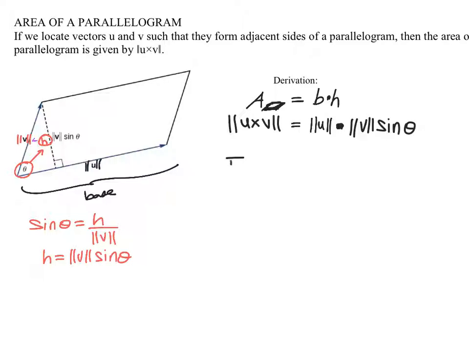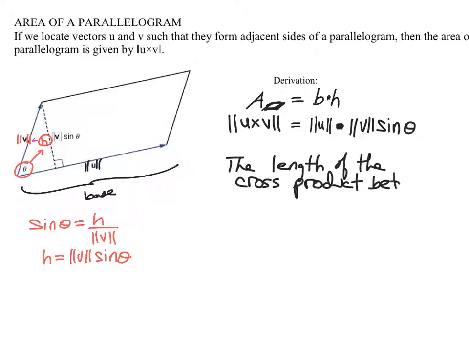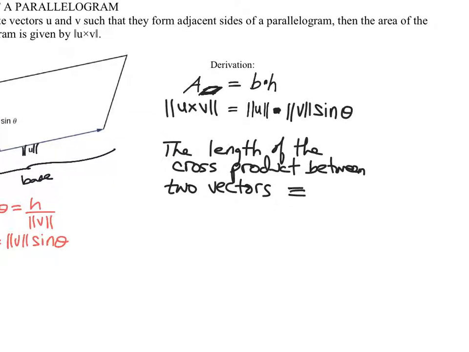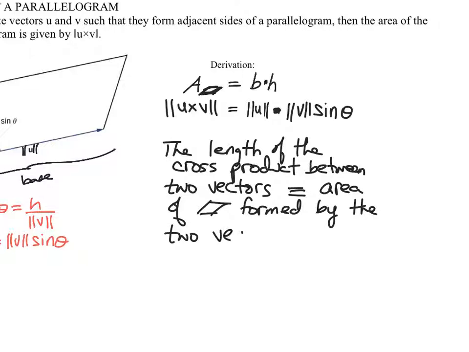The length of the cross product between two vectors is equal to, by definition, the area of the parallelogram formed by the two vectors. And that would be the parallelogram that you would create in order to find the vector sum.